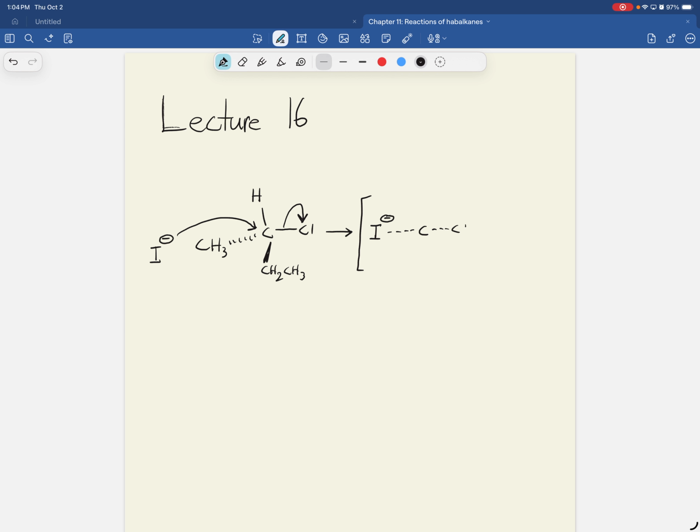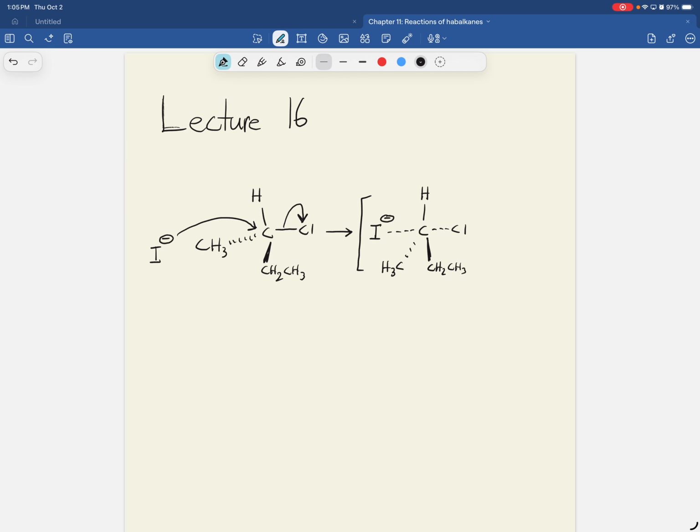Partial bond to the chlorine is leaving. And then here, it looks like around the carbon, there's a trigonal planar arrangement because the partial bonds are not actually bonds yet. Okay, so it looks like we have a trigonal planar arrangement of atoms here.